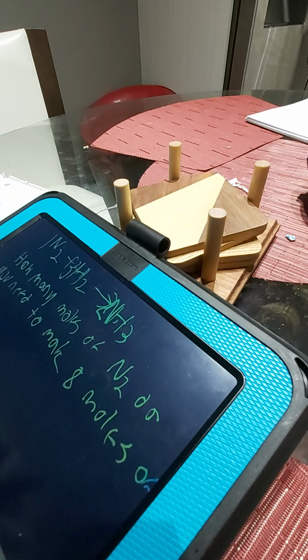Your next step is to solve the equation. First you put what you're given at the front, which is 8 moles of NH3.